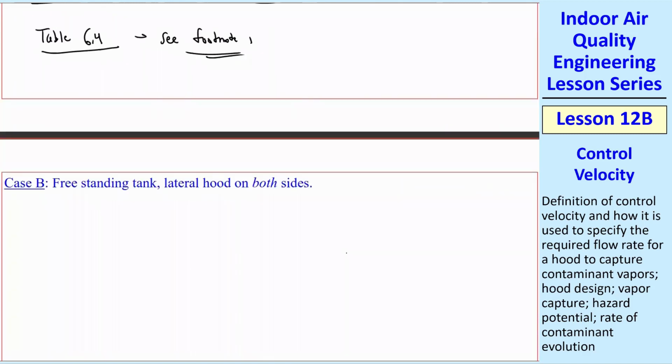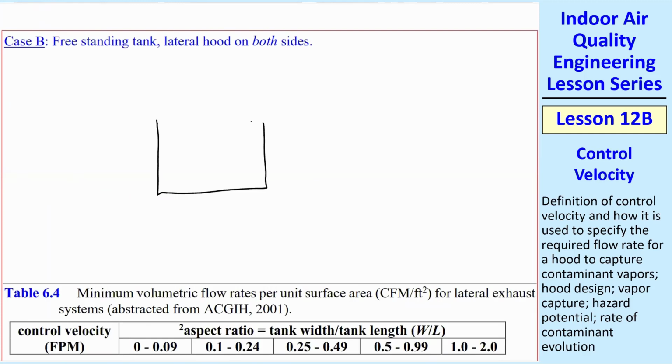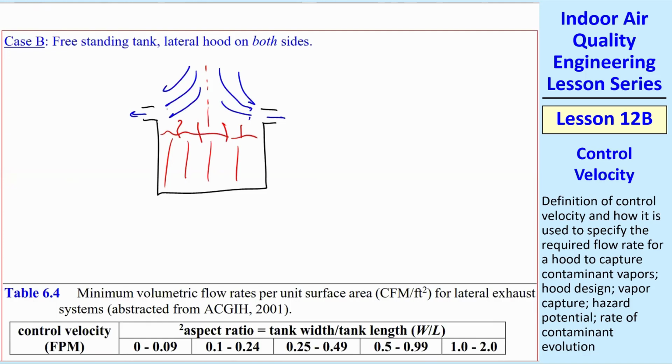This is a lateral freestanding tank, lateral hood on both sides. A freestanding tank like this with a lateral hood on both sides. So you're drawing out air like this, and we have some liquid in here that's evaporating. And so what happens is if it's double like that, the air is going to be coming in like this, symmetrically about the center line.